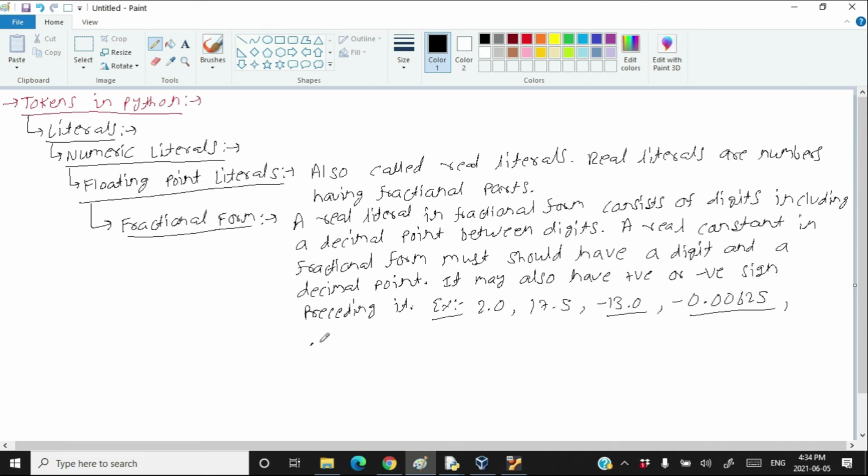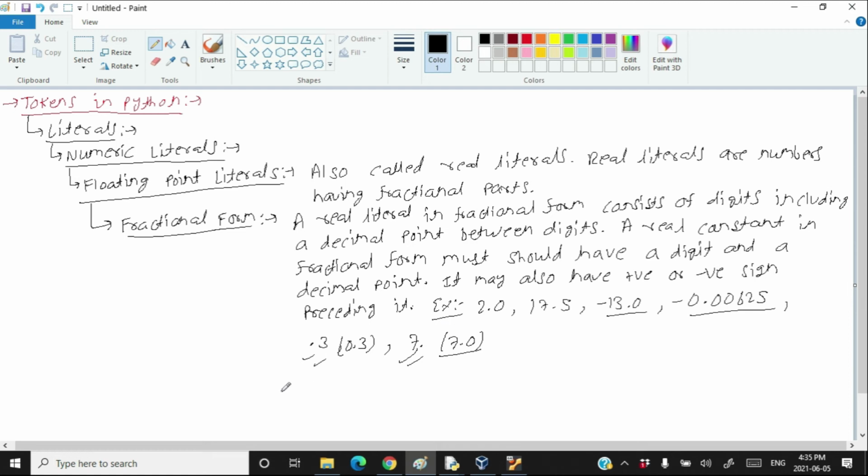If I just write .3, this is a valid fractional constant and it is equivalent to 0.3. If I write 7., notice here the decimal point is after the digit, this is equivalent to 7.0. This is also valid. So all these fractional numbers are valid.